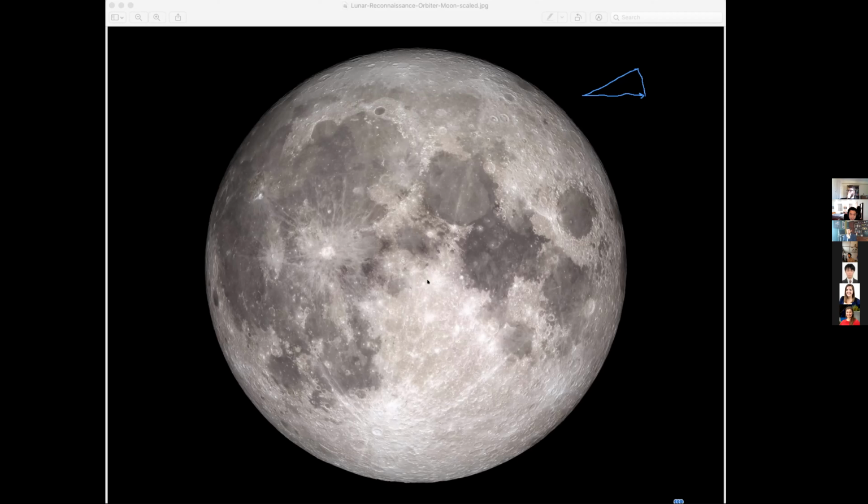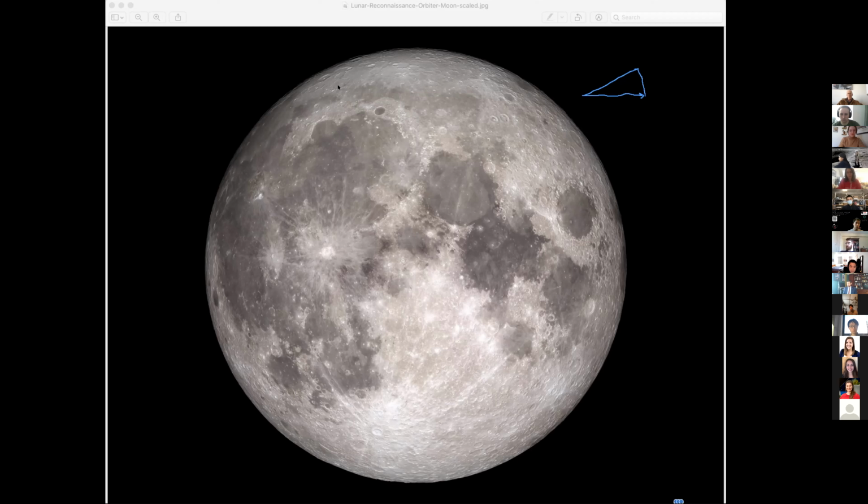And that's the advantage of what we've heard about these highly elliptical orbits, whether it's a near rectilinear halo orbit or just any sort of a high inclination orbit. So imagine that you're in a polar orbit, but that when you go over the North Pole, you go really far away from the moon.